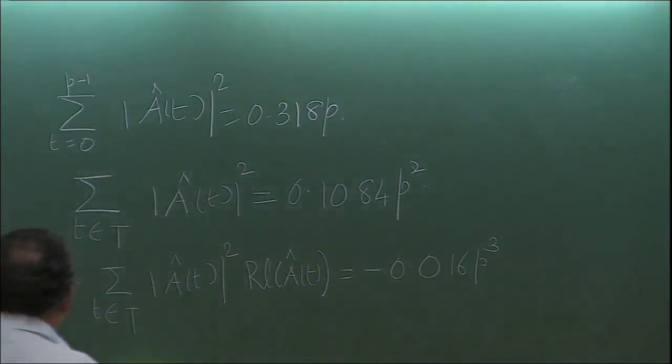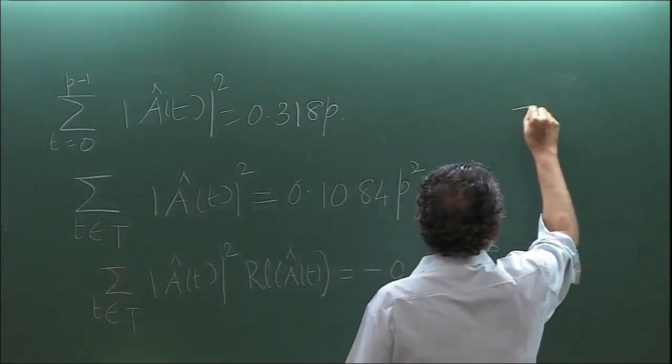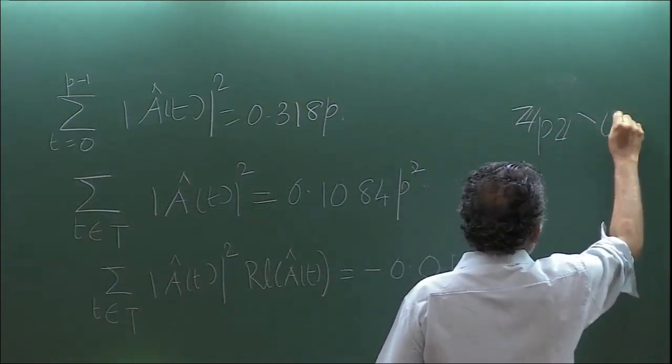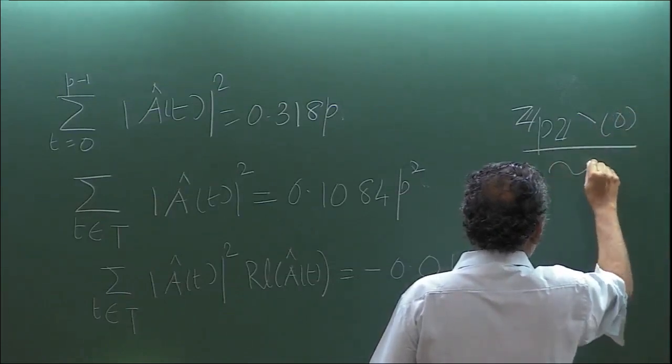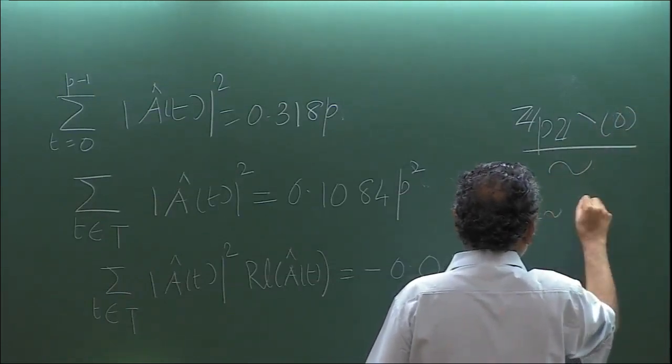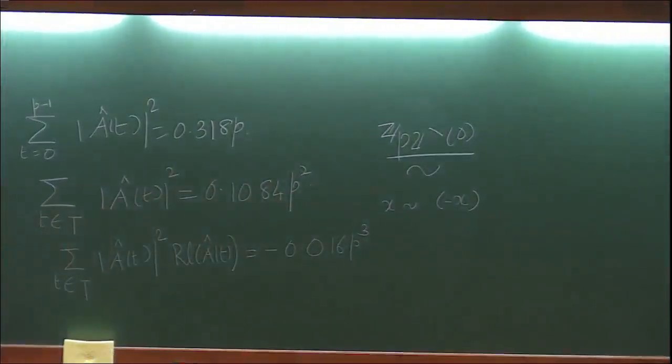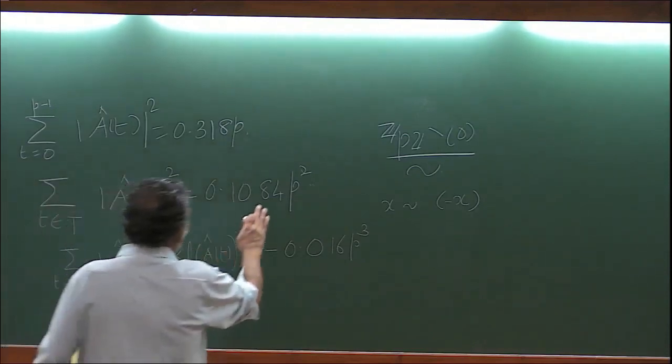What I do is I take this Z over pZ and I remove 0 and go modulo the equivalence relation, x is equivalent to minus x. Therefore, if I take x, I don't take minus x, and that is perfectly allowed because a hat of minus t is the conjugate of a hat t. Since a hat of minus t is the conjugate of a hat t, I can combine t and minus t. This was 4.8.